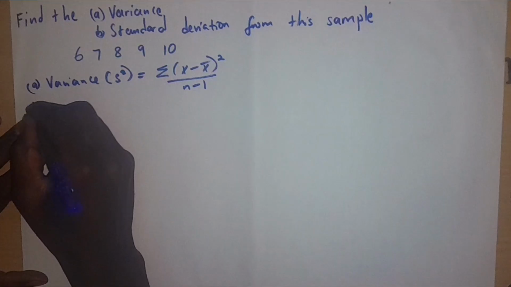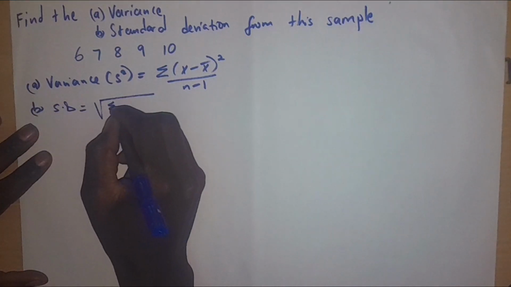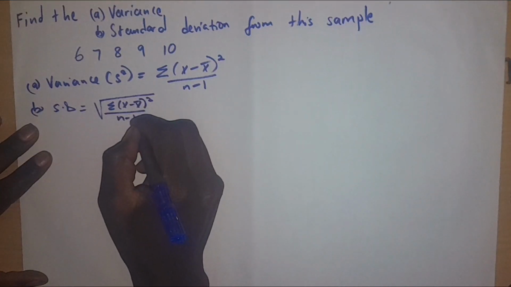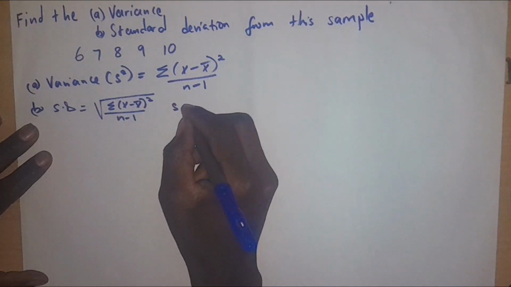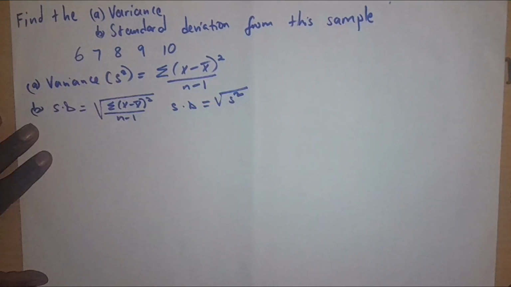The formula for the standard deviation is equal to the square root of the summation of (x minus x bar) squared over n minus 1. So simply, the standard deviation is equal to the square root of the variance.